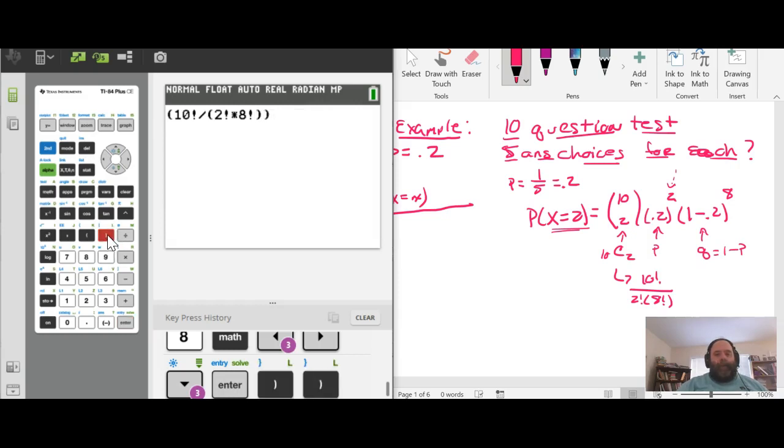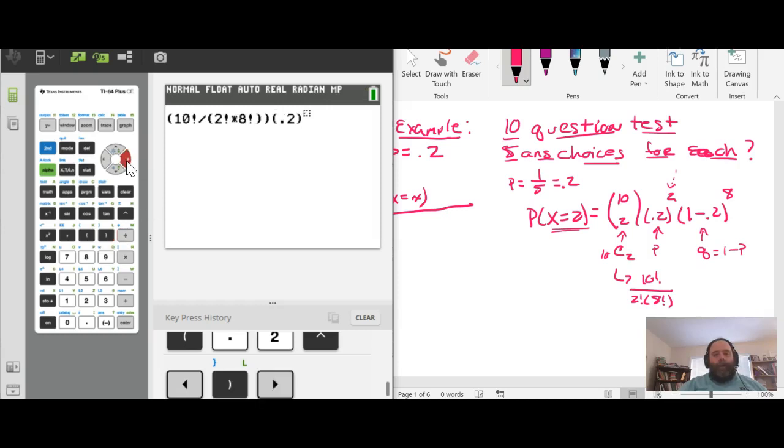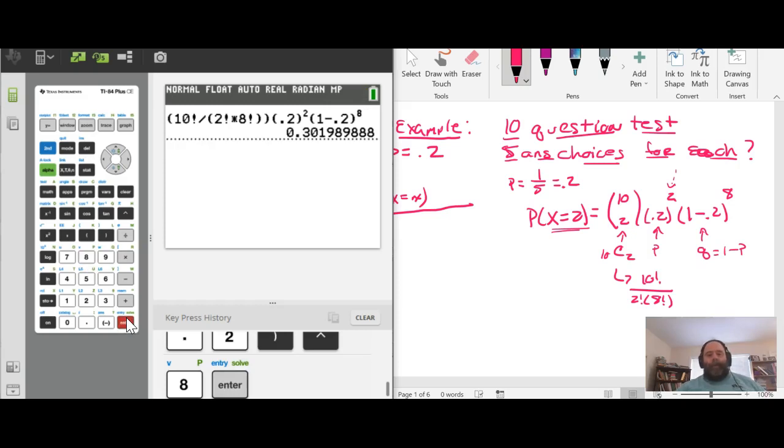So that's the binomial coefficient, times 0.2 to the power of 2, and then 1 minus 0.2 to the power of 8, and this whole thing comes out as 0.302, roughly.